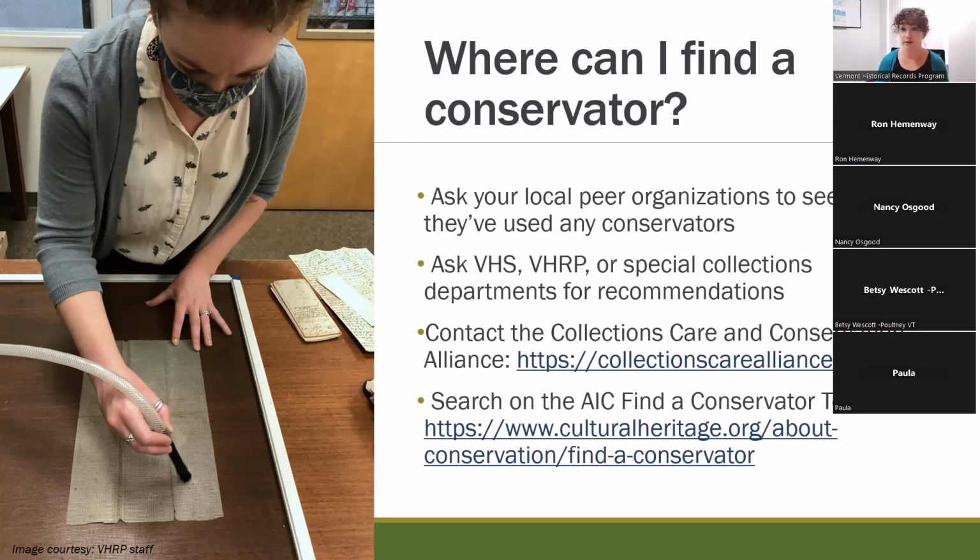You can also contact the Vermont Historical Society, special collections departments at Vermont colleges and universities, or reach out to us here at the Vermont Historical Records Program for referrals. You can also reach out to the Collections Care and Conservation Alliance, or the CCCA. You can also search in the American Institute for Conservation's Find a Conservator tool.